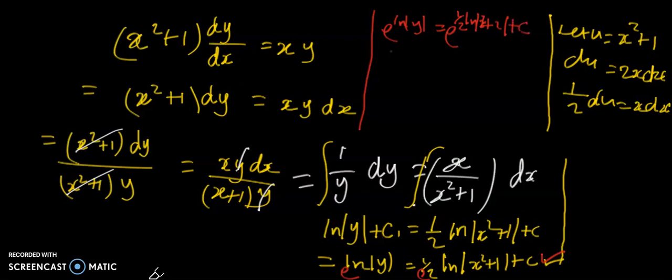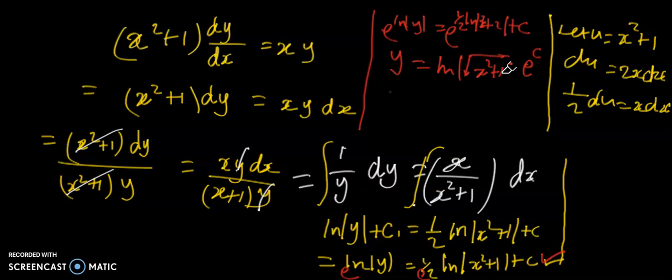What this will give us will simply be y equals the root of x squared plus 1 and some constant c, or we can say exponential c.